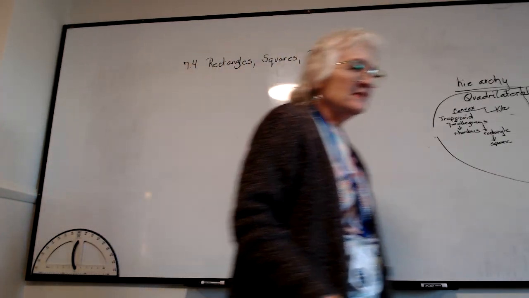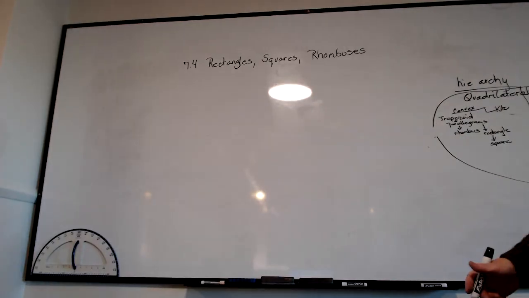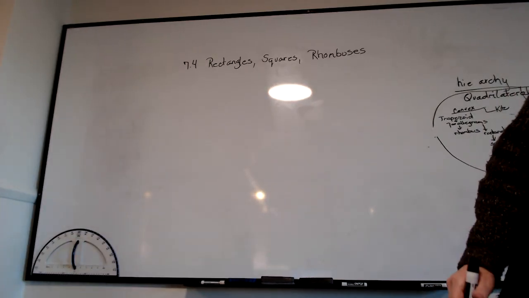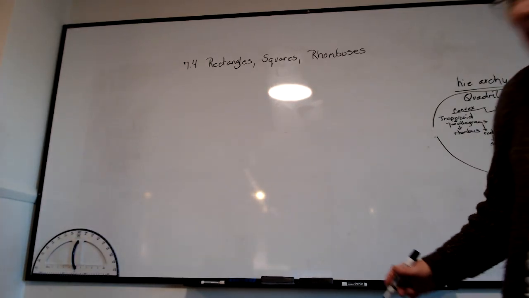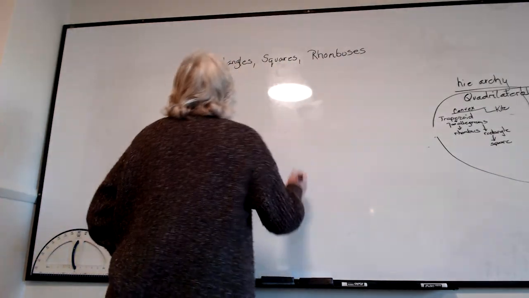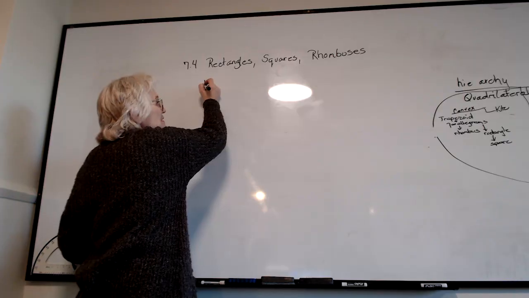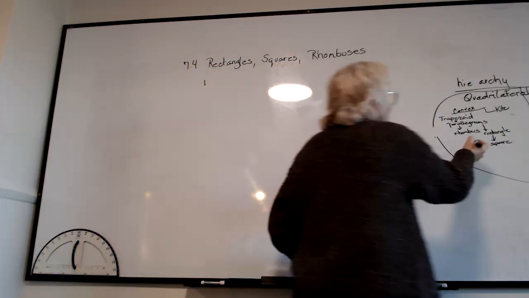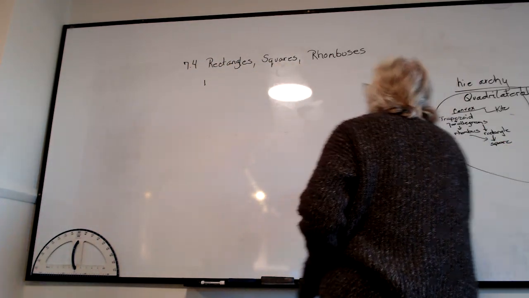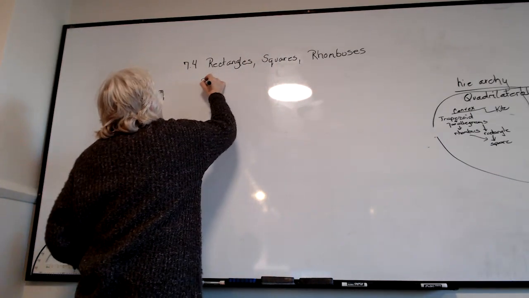So, let's start with a rhombus. A rhombus is any quadrilateral where all sides are the same. So a square fits into that also. A square is also a rhombus, which is kind of interesting.